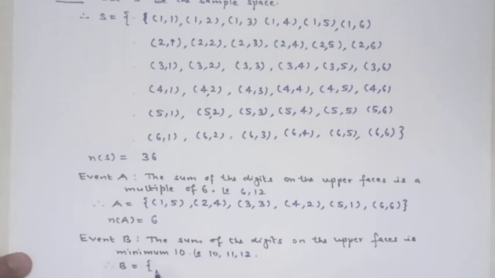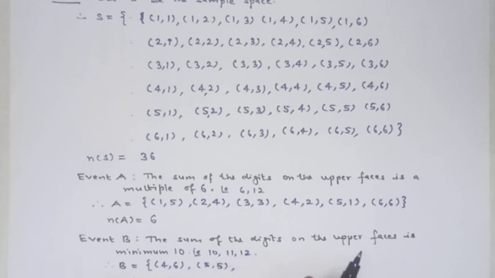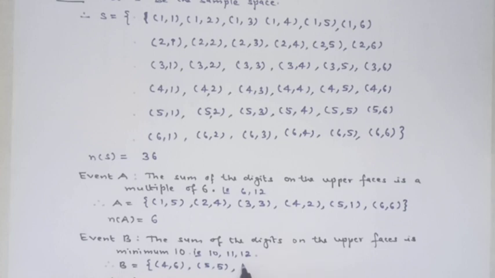Start with 1. 1 is not possible, because 1 plus 6 is a maximum of 7. 2 and 6, maximum 8, not getting. 3 and 6 not possible. You can have 4 and 6, then 5 and 5. That means when your first die has number 4, then 6; 5, then 5. When it has 6, then again 4. After that nothing is possible, so 10 is over.